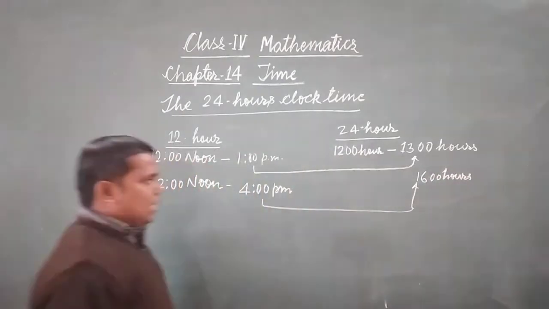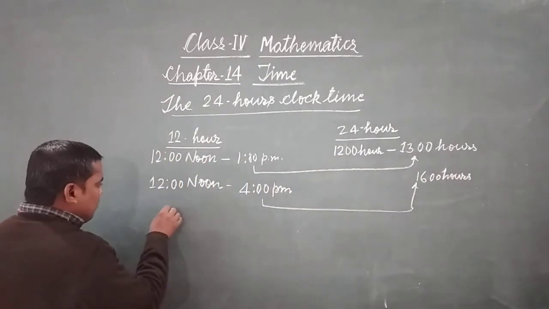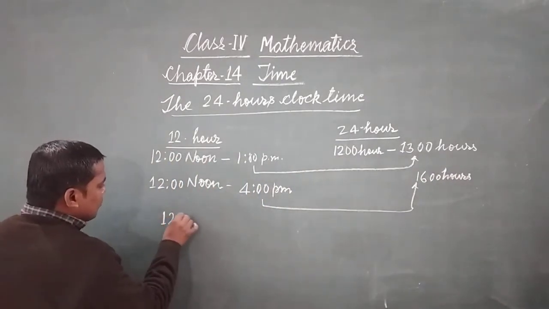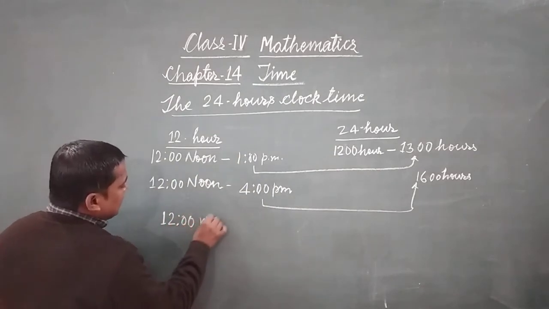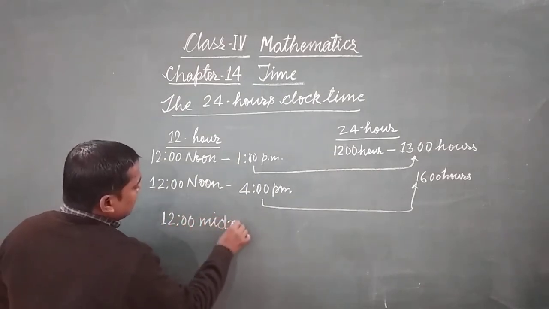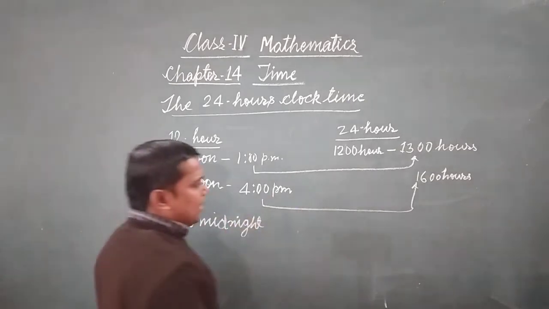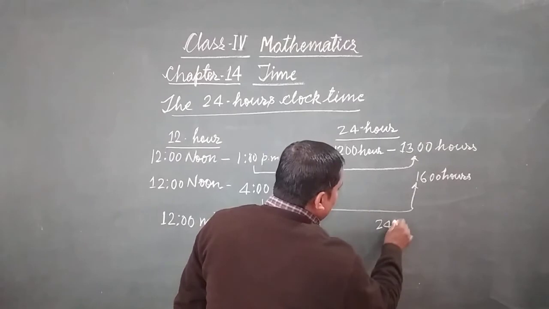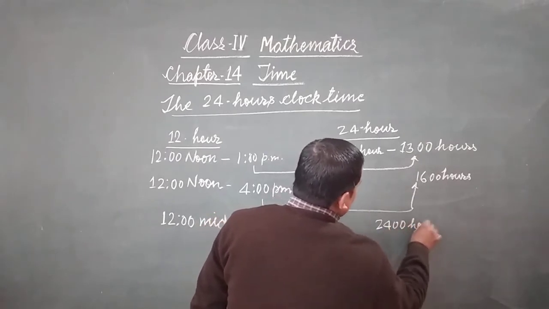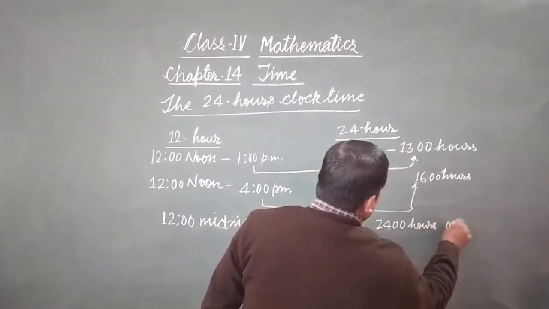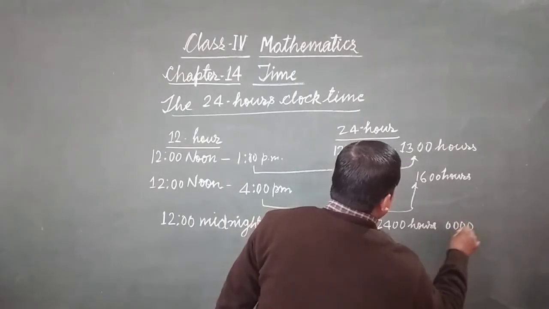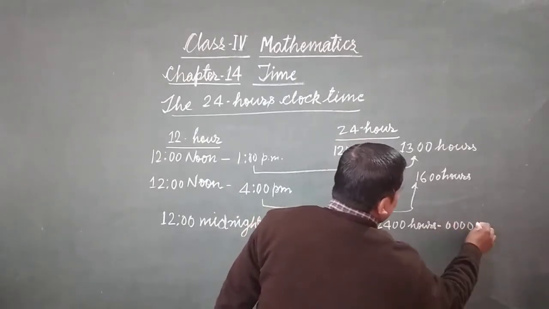Similarly, at 12 midnight the time in 24-hour format is 24 hours or 0000 hours.